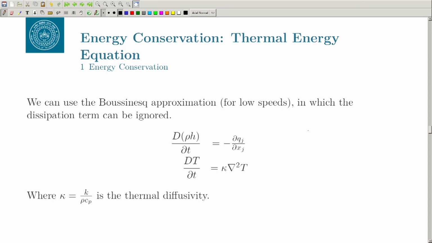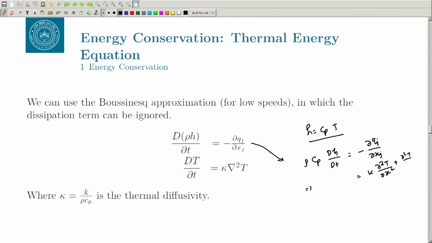And then you can write h equal to C p T for a calorically perfect gas. So, you can write this expression as rho C p dT by dt equal to minus del Q j by del x j, and if you use Fourier's law, then it becomes K times del 2 T by del x square, plus del 2 T by del y square, plus del 2 T by del z square.